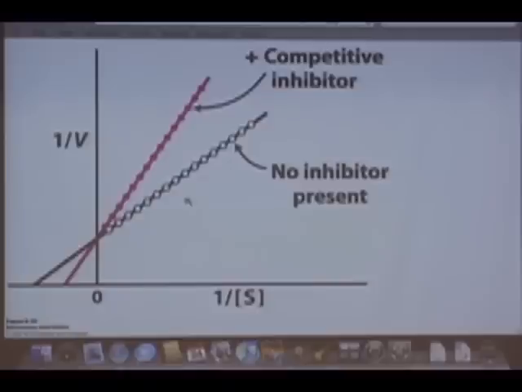If I know that I've got a line that goes here for an uninhibited reaction, and I know that the Vmax is the same, I know that the line for the competitive inhibitor has to cross at exactly that point. I didn't have to memorize that. I simply had to know that the Vmax didn't change. And when the Vmax doesn't change, 1 over Vmax does not change either. I also know that the Km increases, and when the Km increases, minus 1 over Km gets closer to 0.